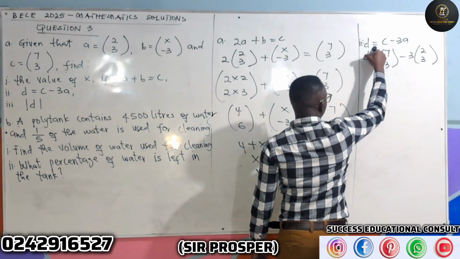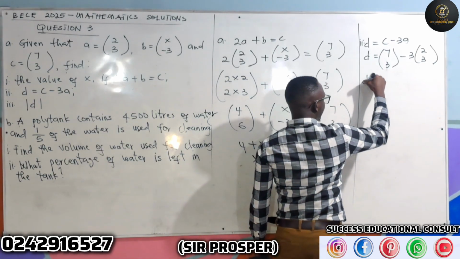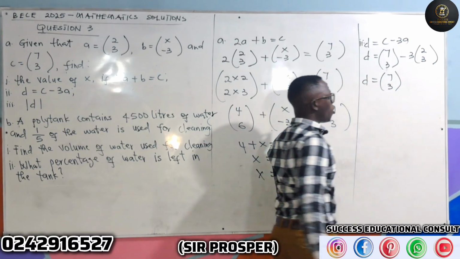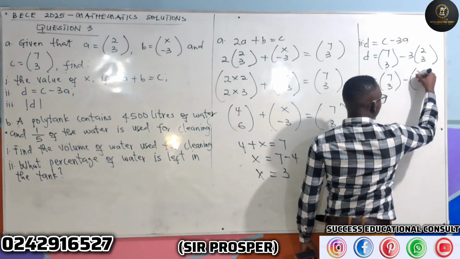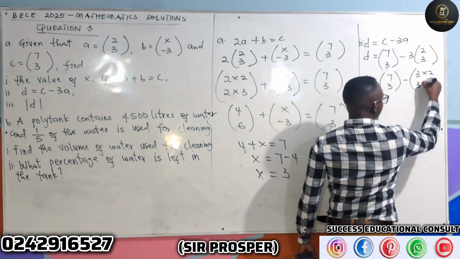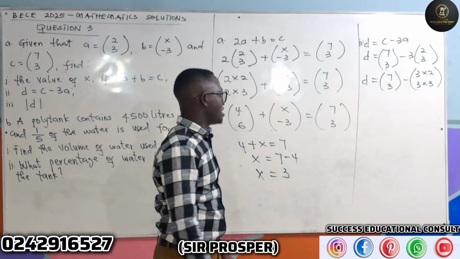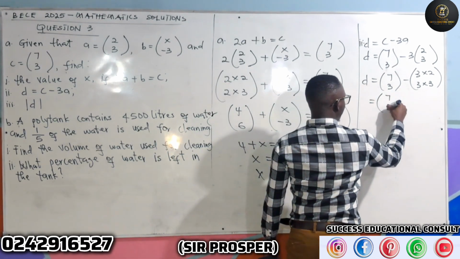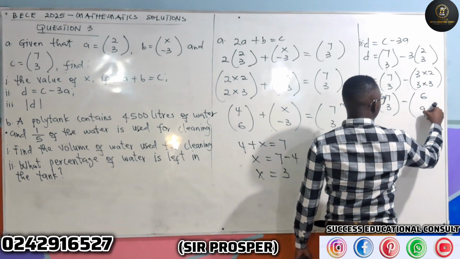So that is the vector D. Now we are multiplying 3 by each component of the vector A. So minus 3 times 2 and 3 times 3. So that's it. Now let's move on. 7, 3 minus 6, 9.